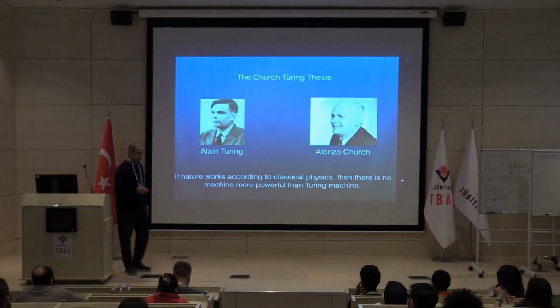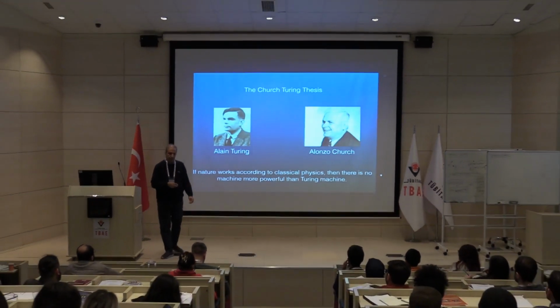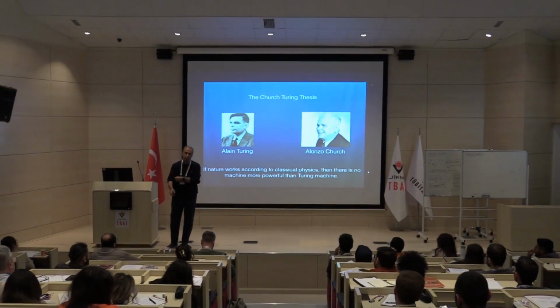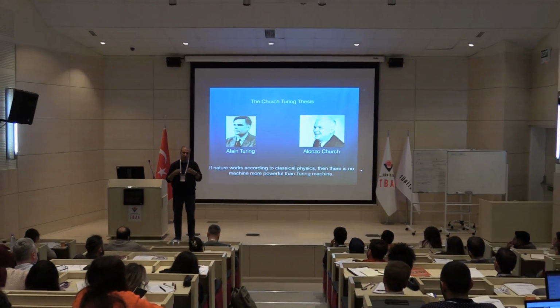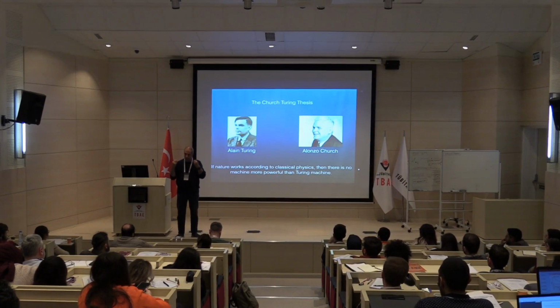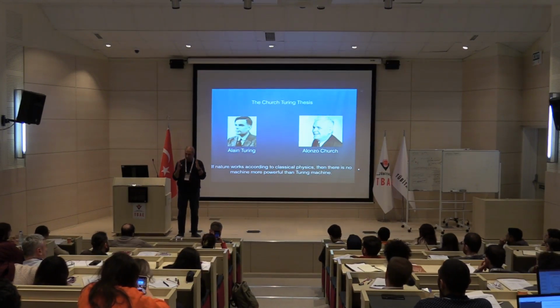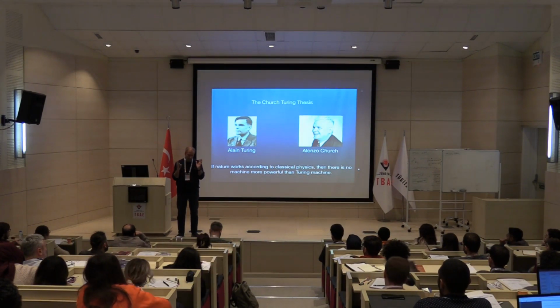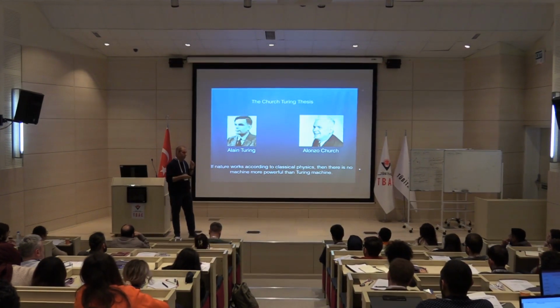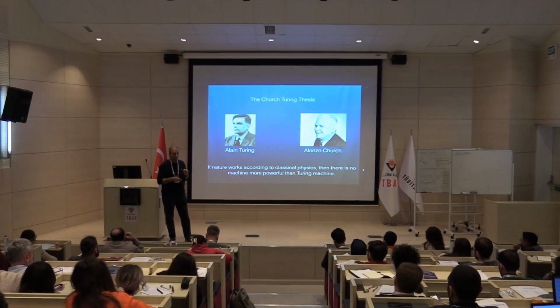And the name of this is the Church-Turing thesis. In fact, these two people proved that anything that can be solved by algorithm, anything that you can imagine by algorithm, no matter how complicated, can be solved by these Turing machines, right?